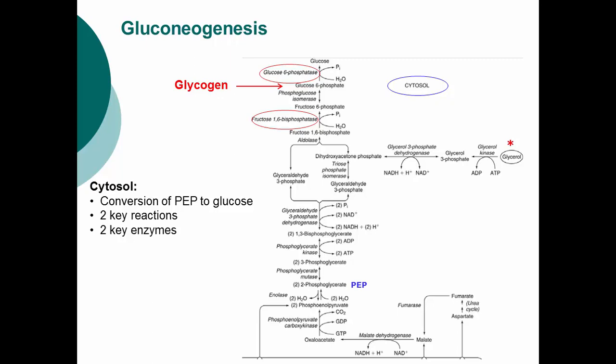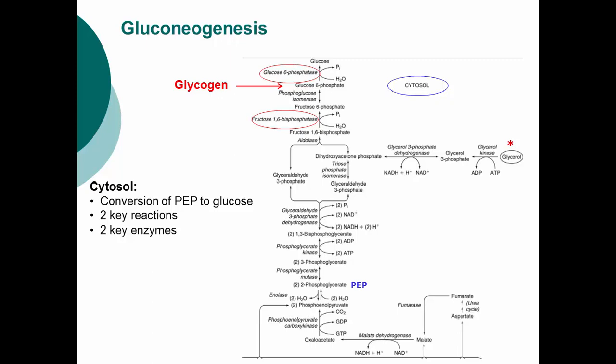And the last reaction: fructose 6-phosphate is converted to glucose 6-phosphate. And from glucose 6-phosphate, the phosphate needs to be removed from the molecule to release free glucose. This reaction is catalyzed by glucose 6-phosphatase. This is another key enzyme in the cytosol, right? So two key reactions in the cytosol in the gluconeogenic pathway that you want to remember, right?